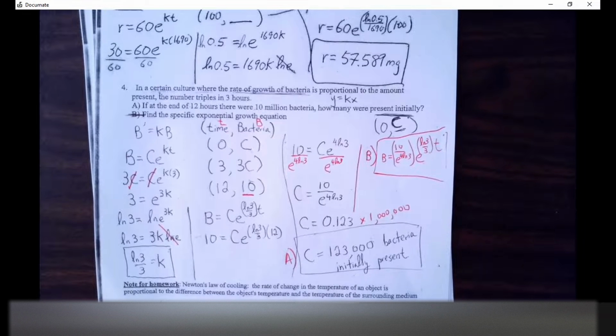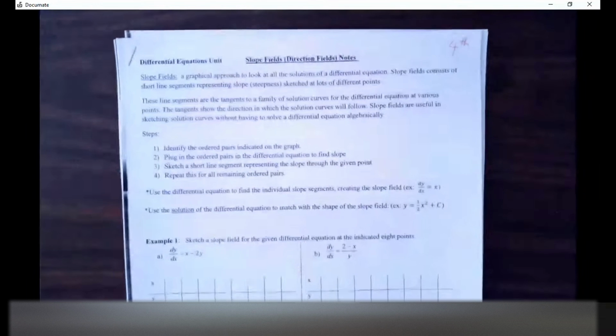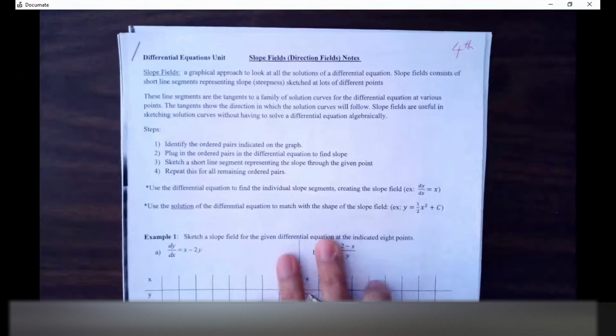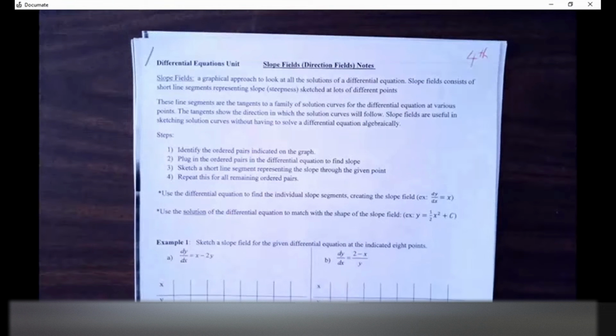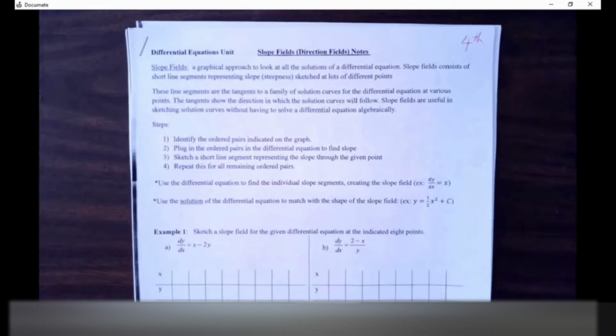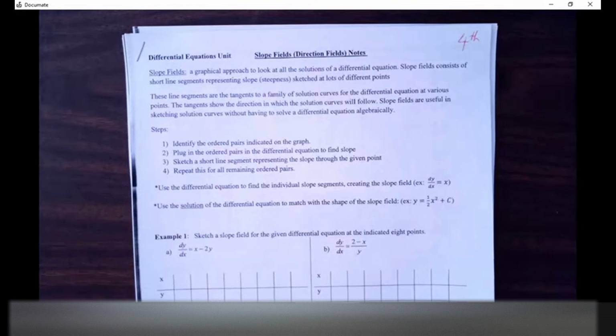All right, let's look at today's notes for slope fields. All right, let me read through the notes and then we can practice creating some of them and also interpreting a completed slope field.